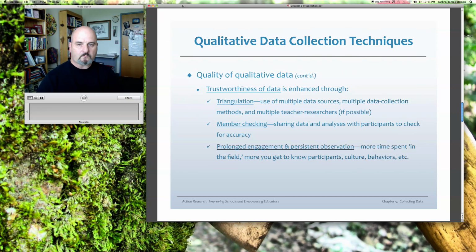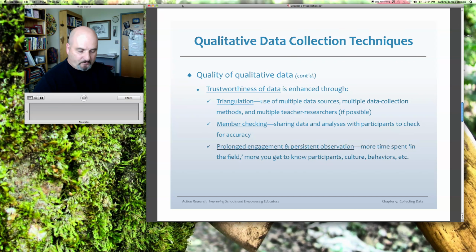Okay, trustworthiness of data. There is an article on triangulation that you are going to be using as part of this course. It's a good idea to think in triangulated terms. That way, another individual might not be able to say to you, as a researcher, well, you're just being myopic. You're just looking for what you want to look for. It's better to have more than one source of data.